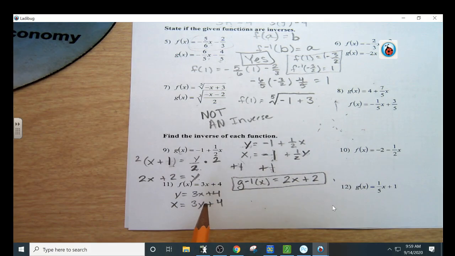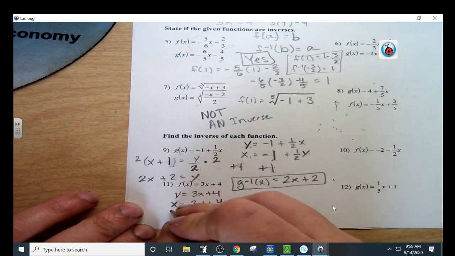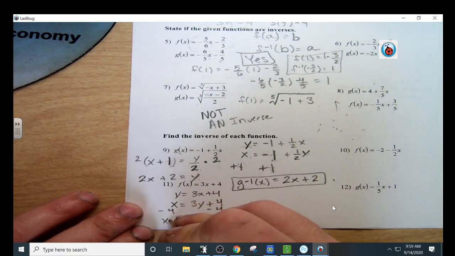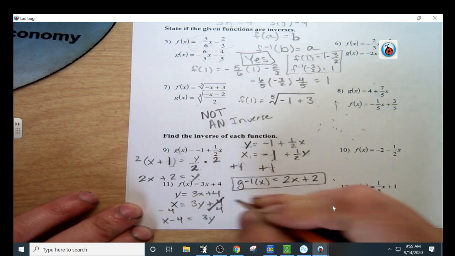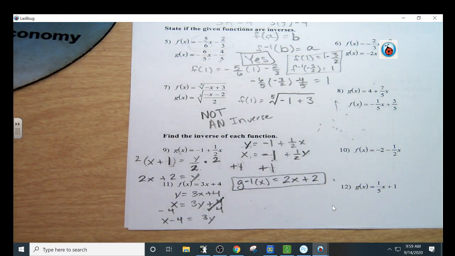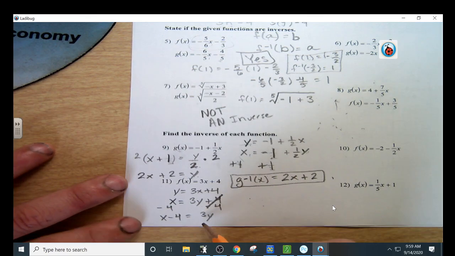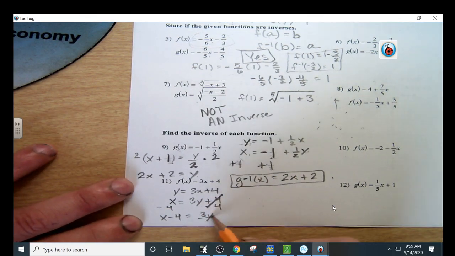Okay, so now, guys, what I need to do is get the y by itself again. So I'm going to subtract 4 from both sides. That's x minus 4 equals 3y. Those cancel. And then, last but not least, I'm going to divide by 3.